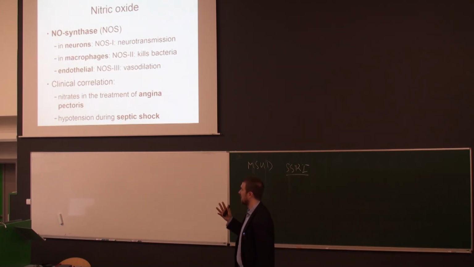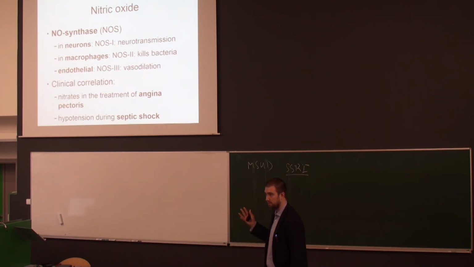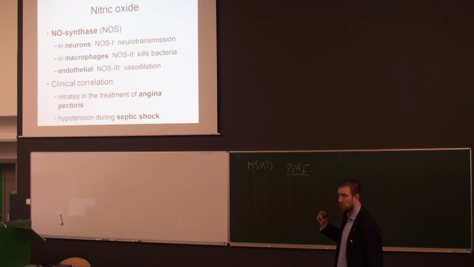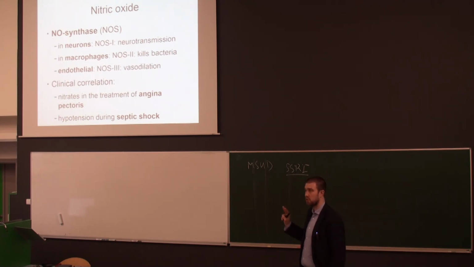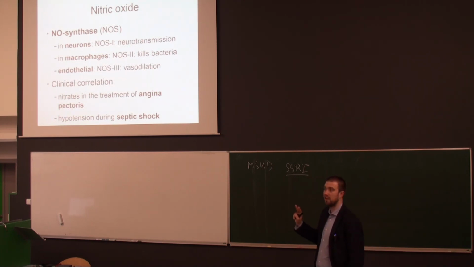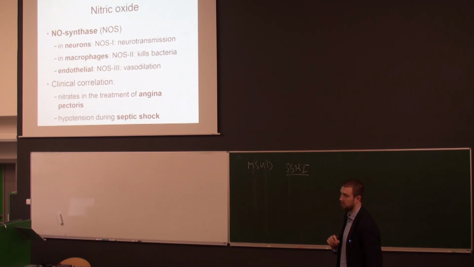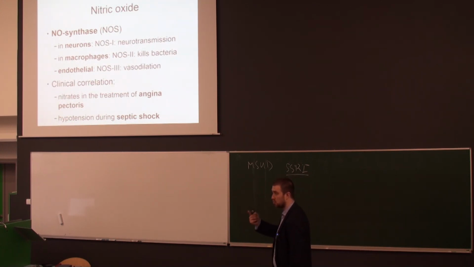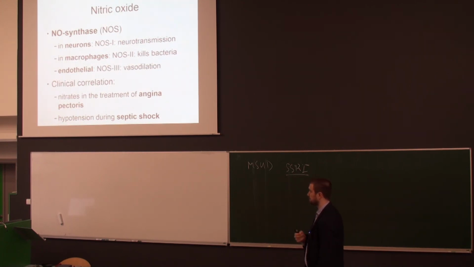And nitric oxide is a representative of reactive nitrogen species that are, together with reactive oxygen species, produced in your professional phagocytes, for example macrophages, to destroy the bacteria. So nitric oxide is produced here to destroy the pathogens.